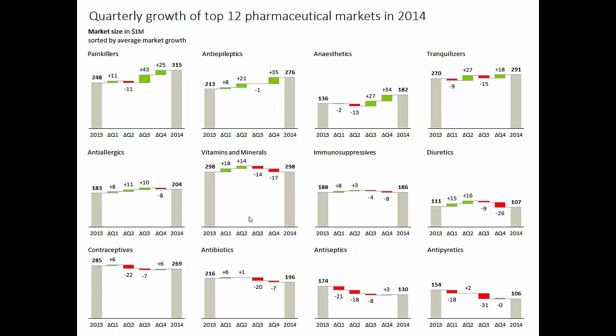So from this picture I have 12 waterfall charts, those classic bridge charts, but they are again all scaled. Only if those charts are scaled can I understand that the growth in painkillers is actually bigger than the growth in anti-epileptics and so on, as well as, for example, that the market of painkillers is almost twice as big as this market.